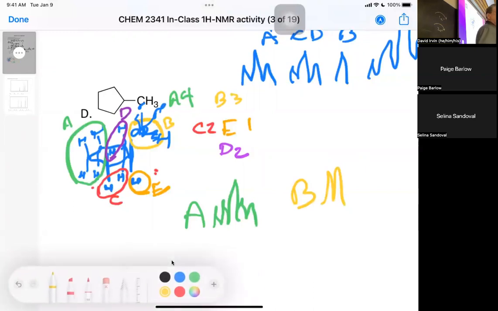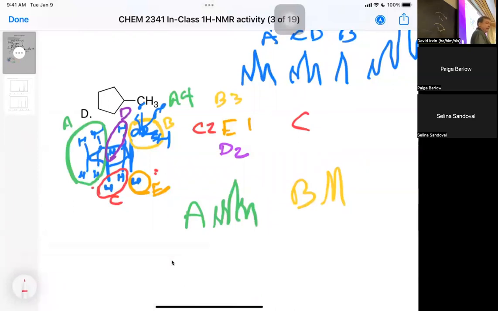Okay. Let's do C now. How many hydrogens are within 3 bonds of C? Now remember, C is equivalent, so we're going to look at the ones that are next to one of them. Within 3 bonds of just this side. How many things are within 3 bonds of that hydrogen?